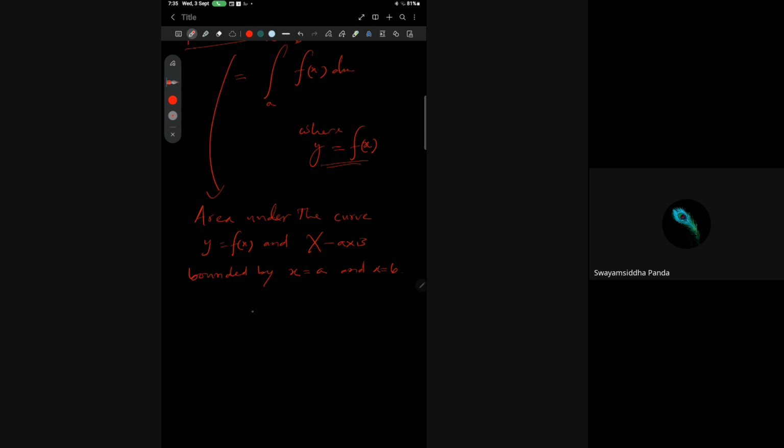If I represent it pictorially, suppose this is my x axis, this is my y axis, and this is the graph of y is equal to f of x. Then if I take x equal to a here and x equal to b here, I will be talking about this area. Understood?